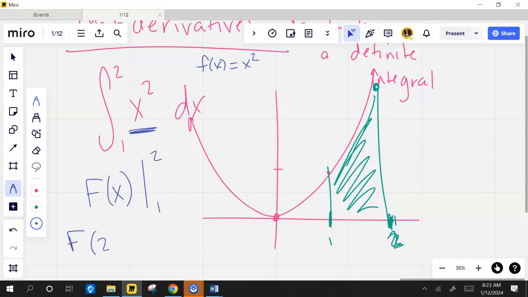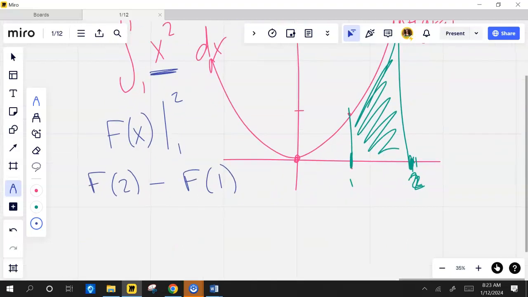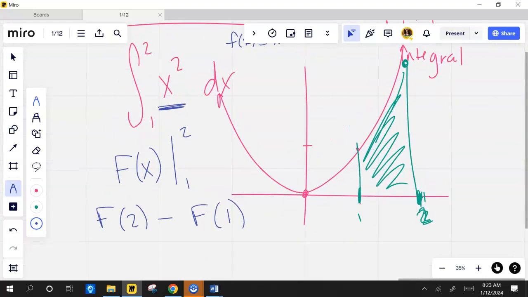In other words, plug in 2 and plug in 1 and find the difference of the two. This is a big, big concept for calculus, but it's not a hard one. So all we do, antiderivative, and then we do the antiderivative at the upper bound, the antiderivative at the lower bound, and we subtract the two.